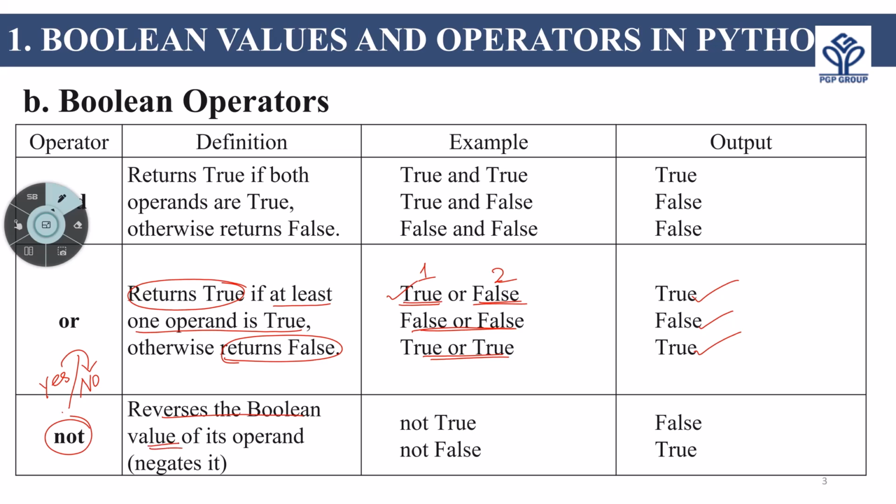What Boolean values do we have? True, false. Clear? So the Boolean value is reversed. If we use not of true, what do we get? False. So not true returns false, and not false returns true. Clear?